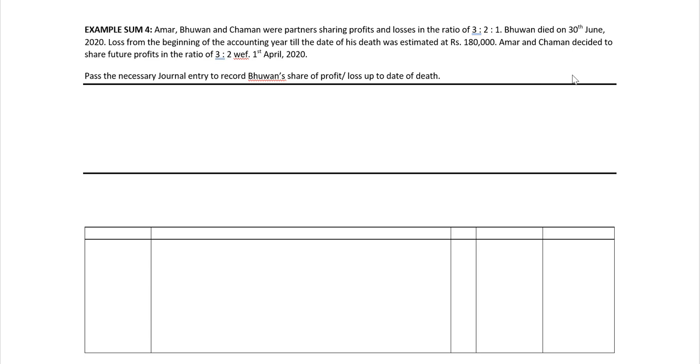Amar and Chaman decided to share future profits in the ratio of 3:2 with effect from 1st April 2020. Pass the necessary journal entry to record Bhuvan's share of profit or loss up to the date of his death. We'll begin with the working notes.